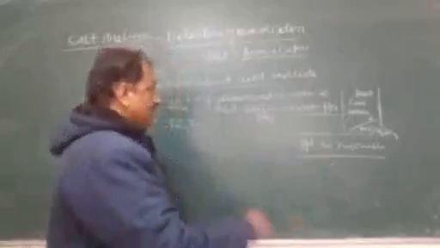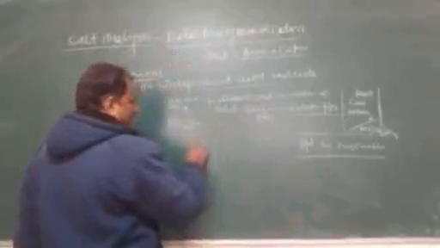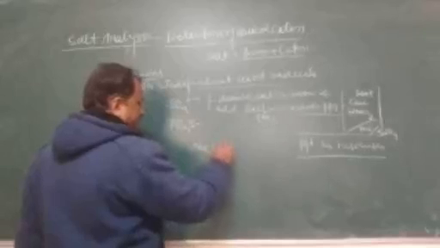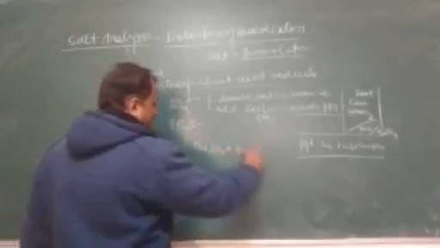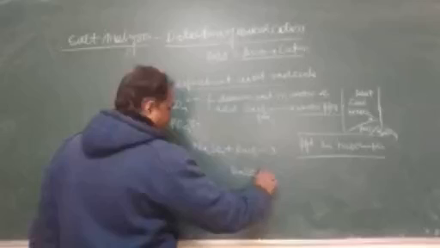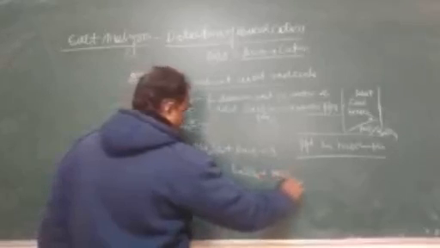Why is it so? Because Na2SO4 plus BaCl2 gives BaSO4 plus NaCl.